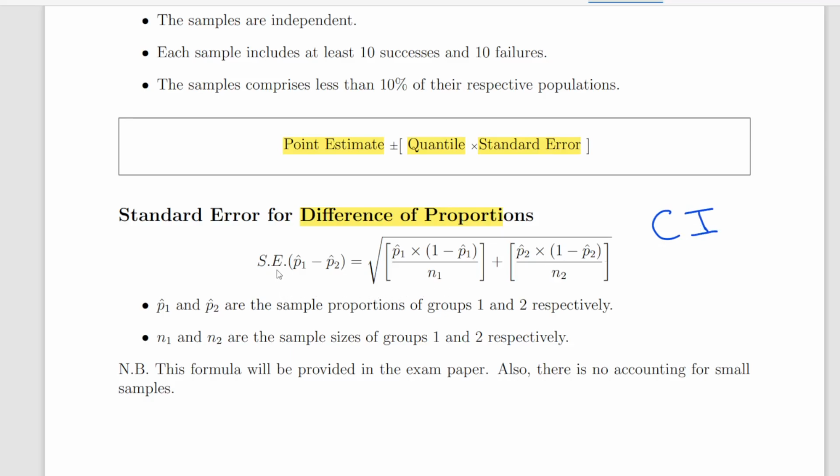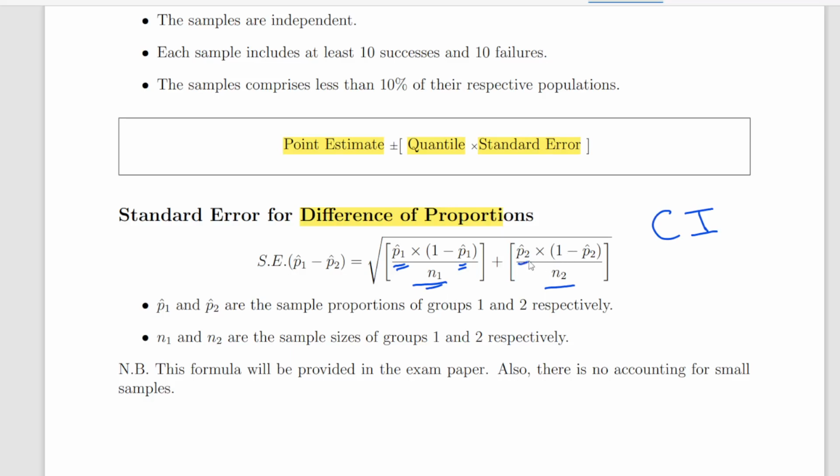Now, SE, the standard error of p hat 1 minus p hat 2, is equal to two terms added together. You should be familiar with them if you've done the standard error for one sample proportions. The first term is p hat 1 times 1 minus p hat 1 over n1. So the first sample proportion times its complement divided by the sample size of the first sample.